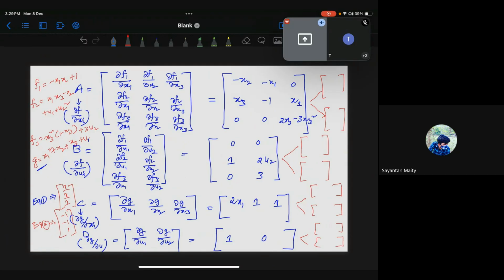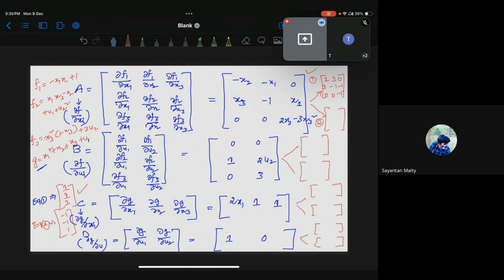I'll just give you the values, you can check them later. First you will get 1, 1, 0, then 1, minus 1, minus 1, just substituting this vector in this vector, then 0, 0, minus 1. This is with equilibrium 1.